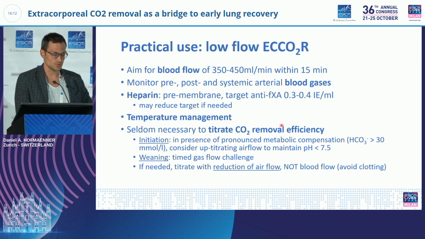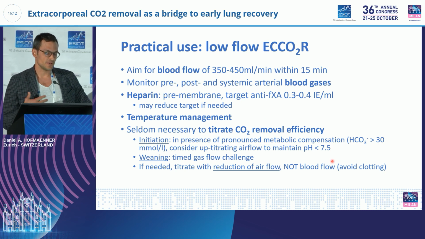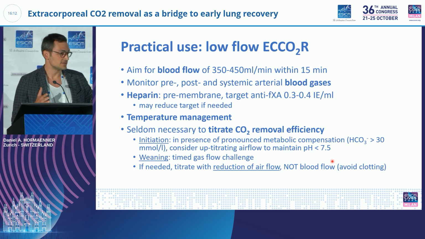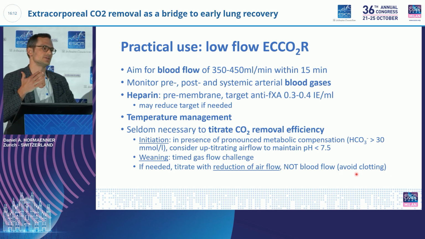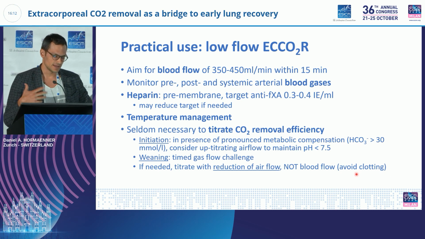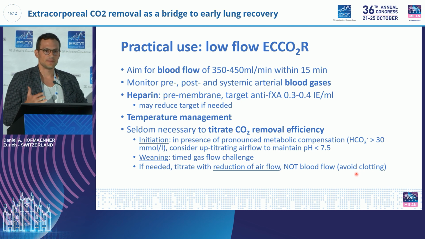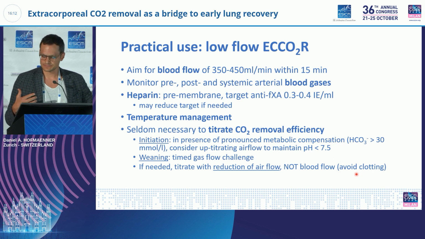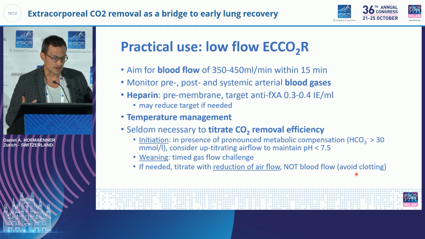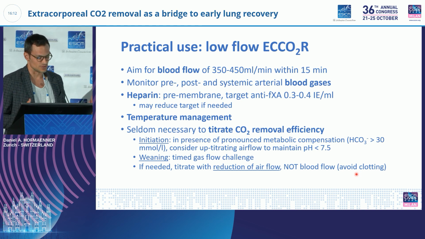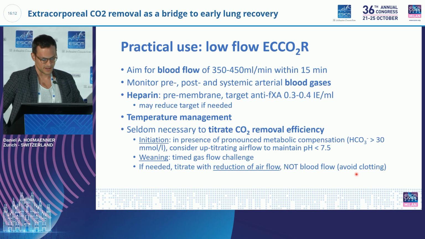When we initiate, we normally run it at the maximum level. If we wean the device, we do not do it via the blood flow because of the clotting risk. Rather, we start to reduce the gas flow and do a timely gas flow challenge to see if the patient's native lung function is able to cope with recovery.